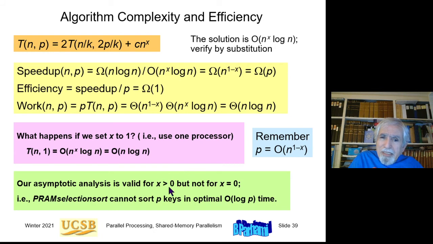We can't set x equal to 0, exactly because of what I said before: we are ignoring logarithmic terms compared with order n to the x terms, and therefore if x is 0, we cannot do that. We cannot ignore the logarithmic terms.